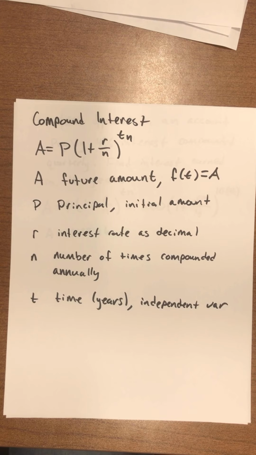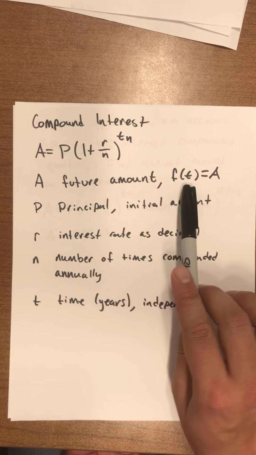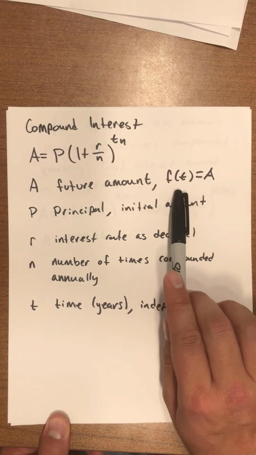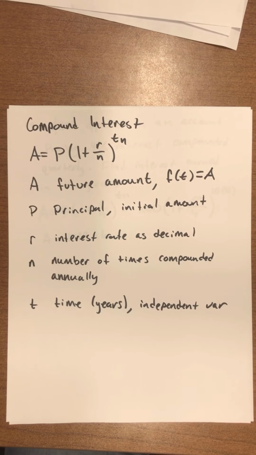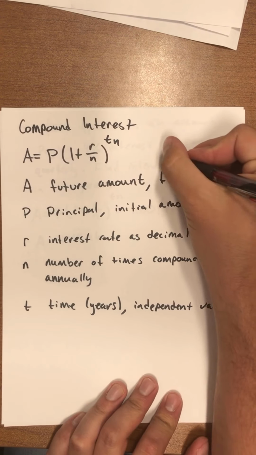So this is a specific formula in finance, so we're using specific letters and terms, but this is an exponential function. Let's take a look. A is the future amount, and A is the function value. So this is the dependent variable.